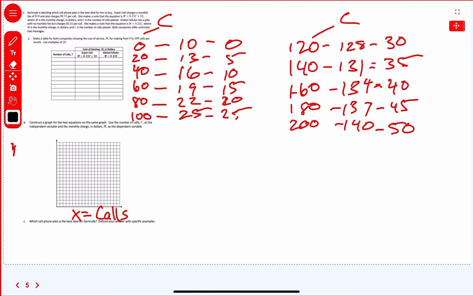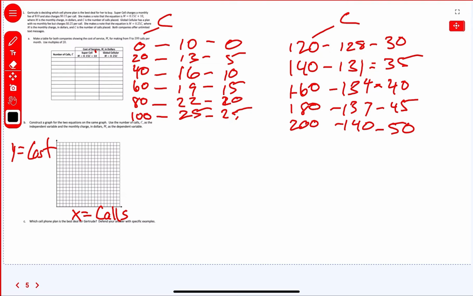And the Y is going to be the cost. Dependent is Y. Your cost depends on your calls. The independent is X.